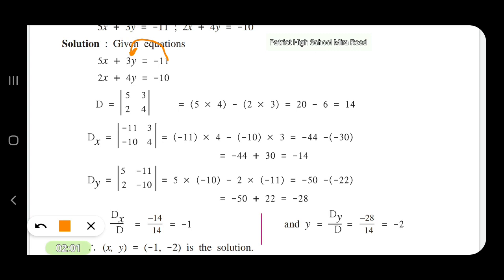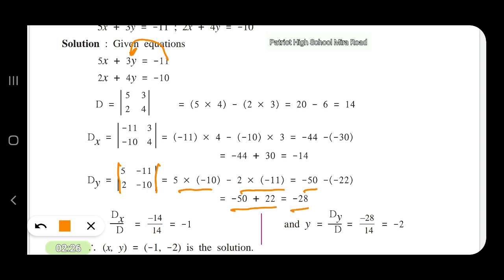So we have 5, minus 11 and 2, minus 10. So this is the determinant. Cross multiplying, we get 5 multiplied by minus 10 minus 2 multiplied by minus 11. So it will be minus 50 minus of minus 22. It will be minus 50 plus 22, that is minus 28.